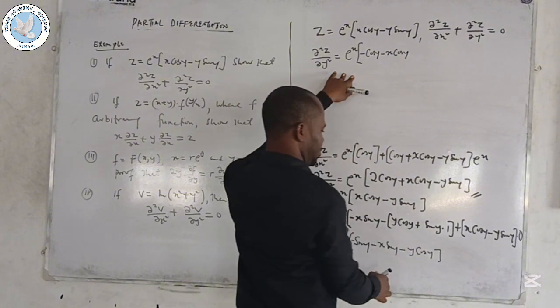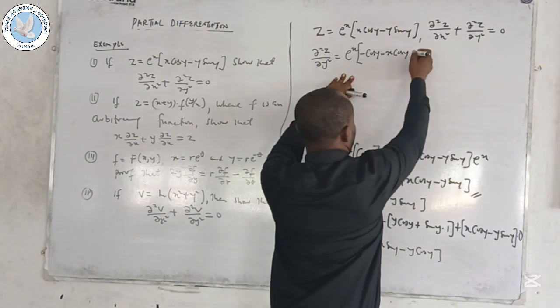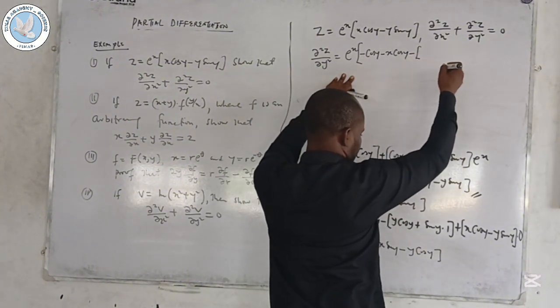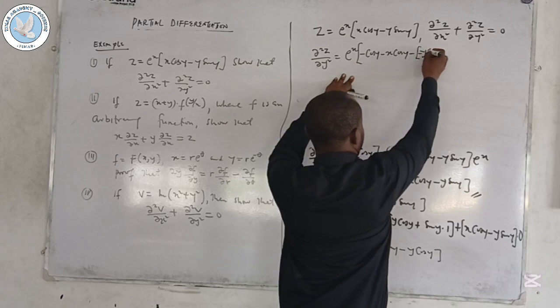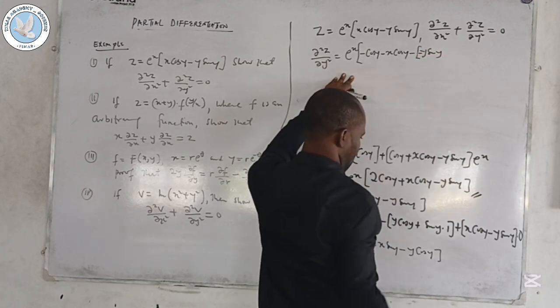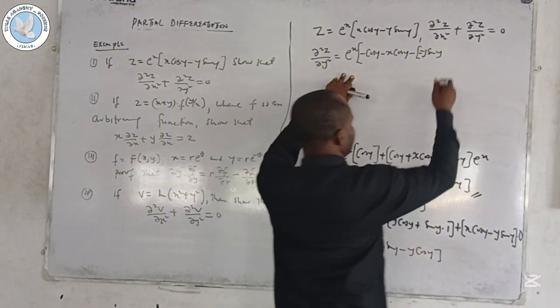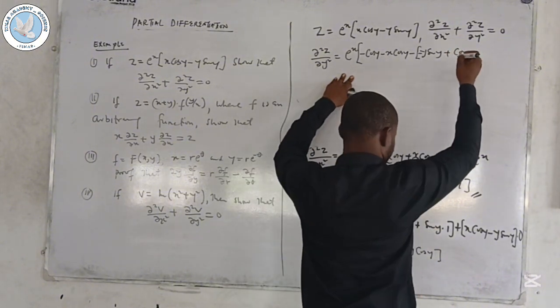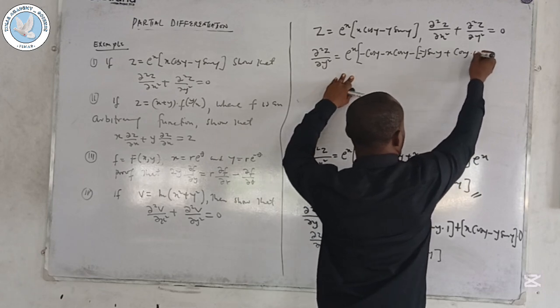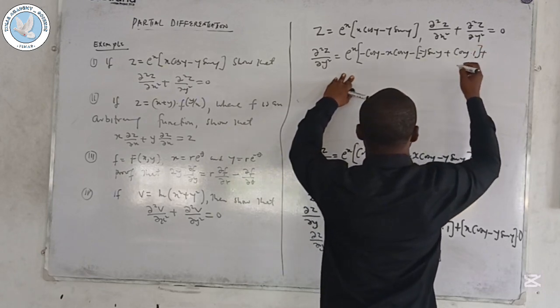We have to handle it as such. So we open the bracket. You can keep y and differentiate this. We have minus sine y, and also plus. You can keep cos y and differentiate y to have 1 plus.